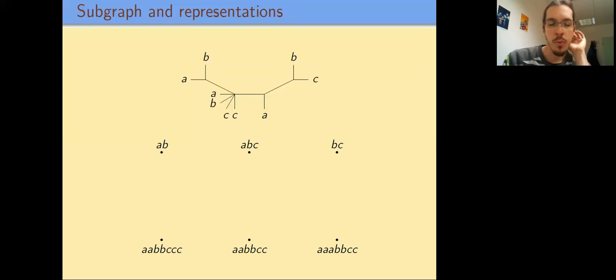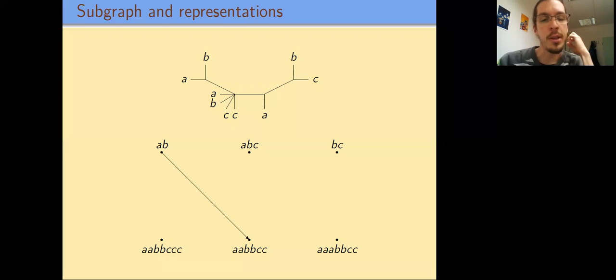And now we add an arrow from set A to set B if the part A of the first split is contained in part B of the second split. So what does it mean? For example, if you consider the split AB, so the part AB, do you see the mouse if I move it or not? Yes.